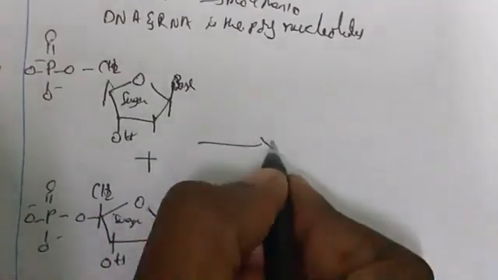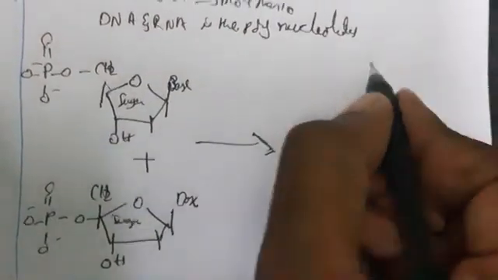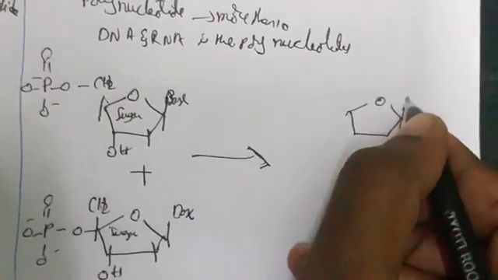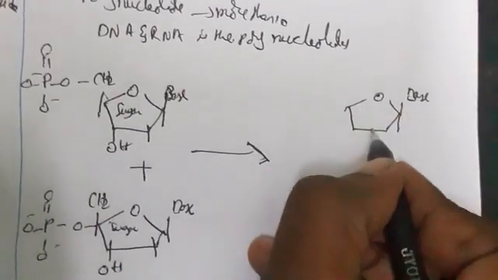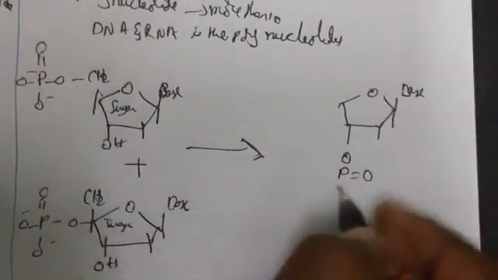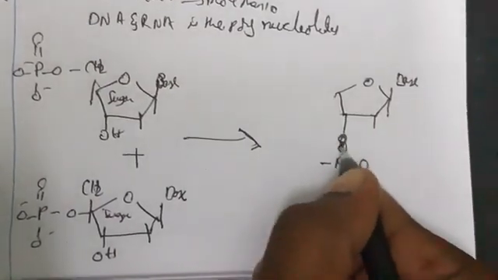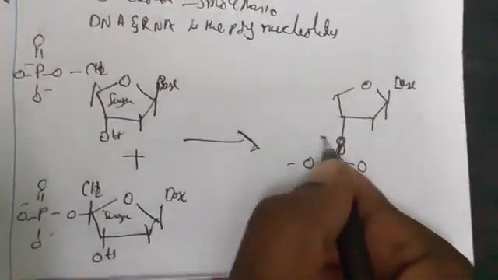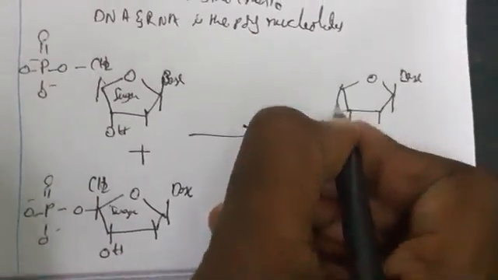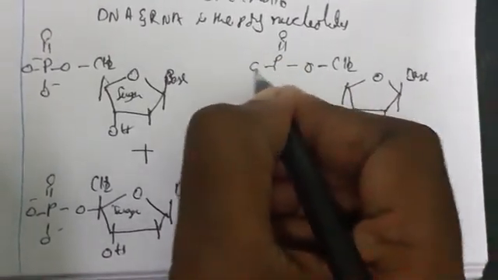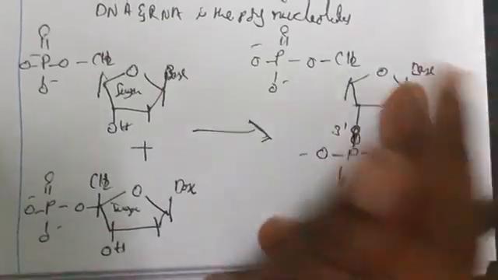When you combine these two molecules, it is going to give here base, here O, P double bond, O minus. This one is a 3' end. And coming to here, you have CH2, O, P double bond, O minus.